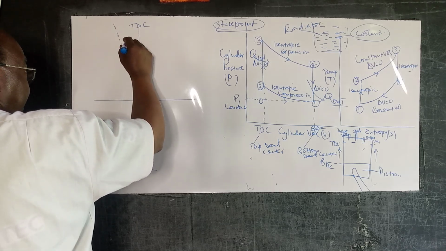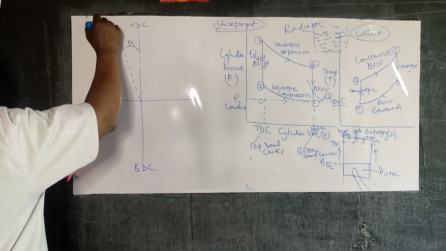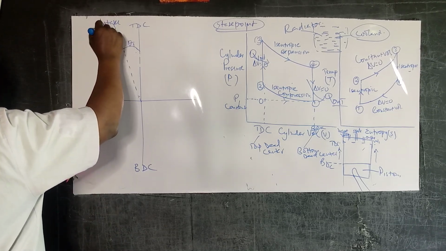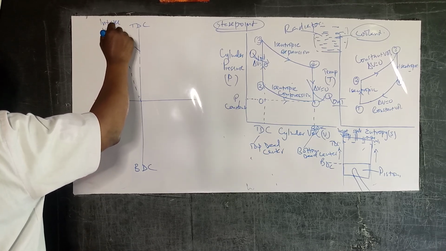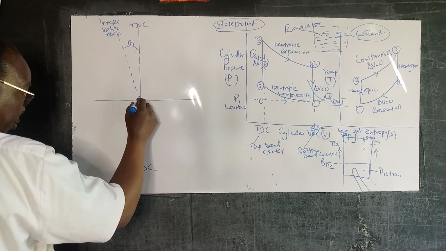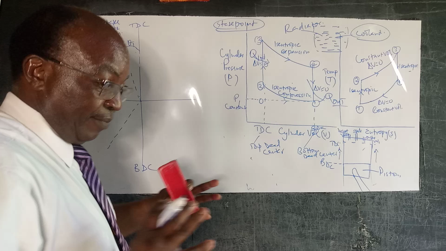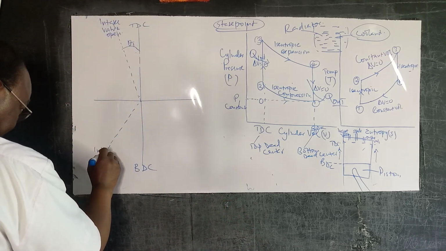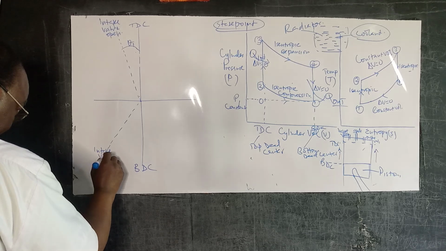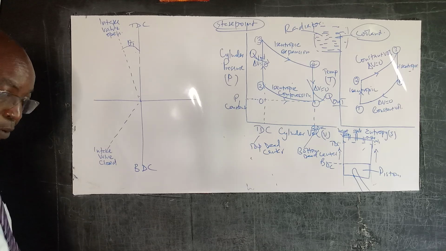Let's call that point theta 1. This is the intake valve open. And of course, it will be closed at some point when we have the power stroke and so forth. This is the intake valve closed.